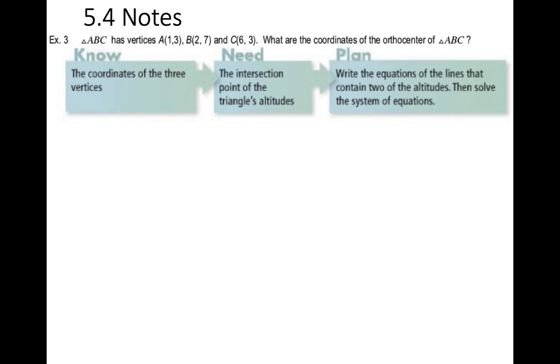So I need to find an equation for the altitude of a triangle. So let's find the altitude that starts at C and is perpendicular to AB. To do that, I'd first have to find the slope of AB, and I do that by using my formula rise over run. I can just plug in the points A and B into that equation.